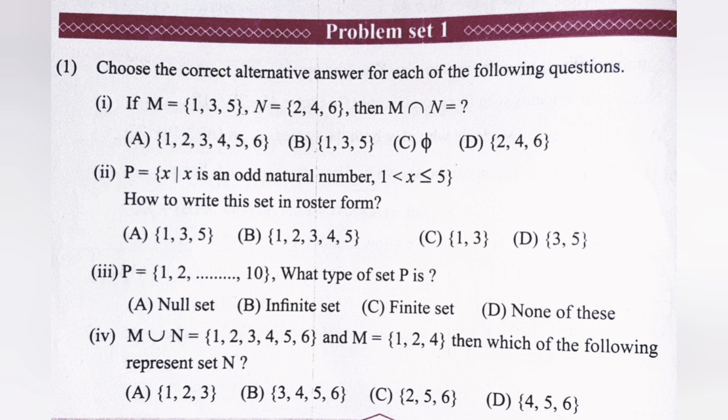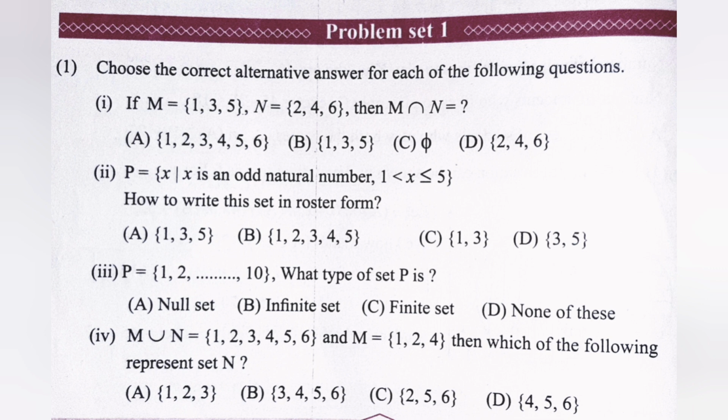Third one: P is equal to 1, 2 and so on up to 10. So the elements are 1, 2, 3, 4, 5, 6, 7, 8, 9, 10. What type of set is P? Let's see the options first: null set, infinite set, finite set, none of these. Null set means no element, but here are 10 elements.